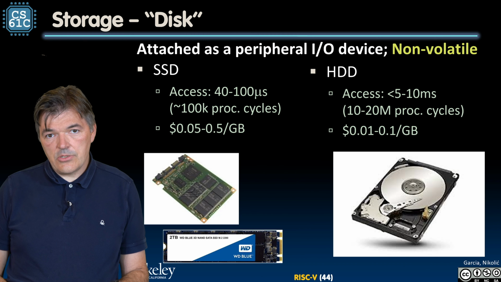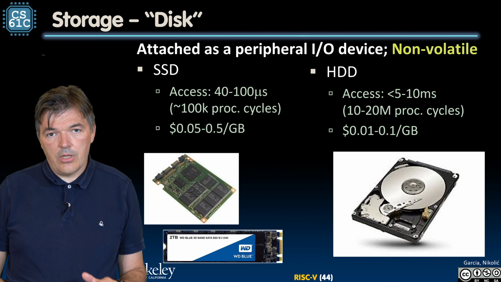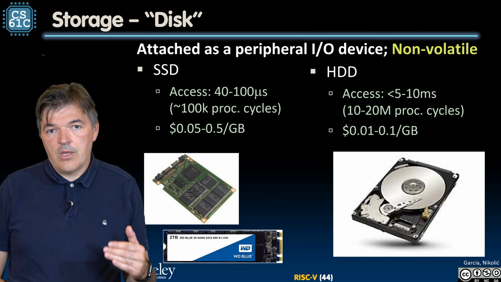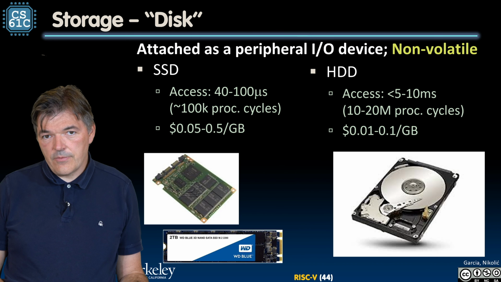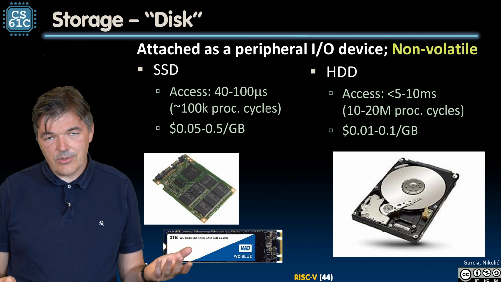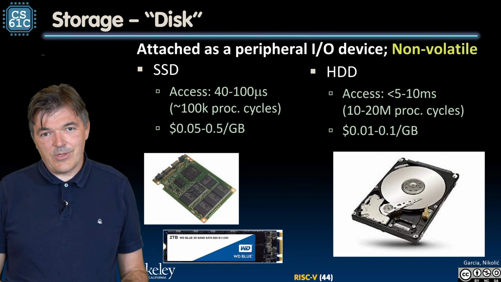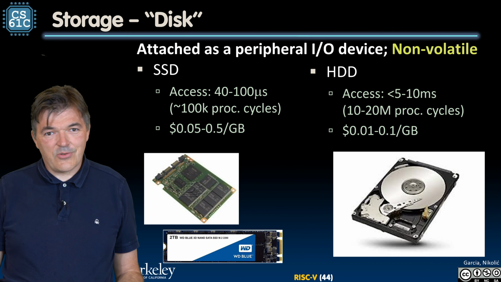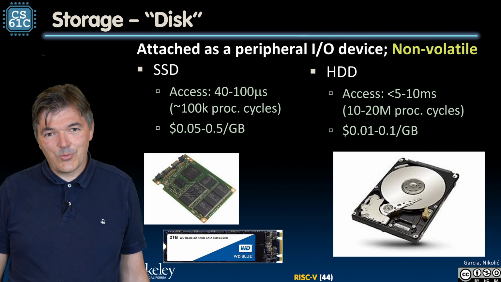Both SSD and HDD are so-called non-volatile memory types, which means they retain the value even when the power is off. That's very convenient, otherwise our computers would be forgetting everything. We would have to load the operating system and everything into the drives every time we would like to boot them.